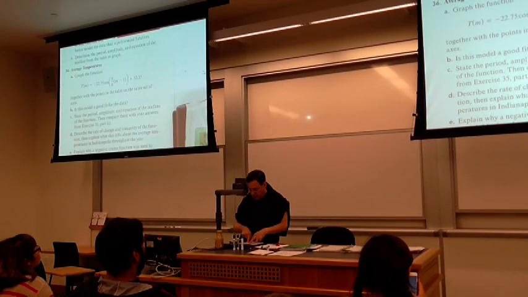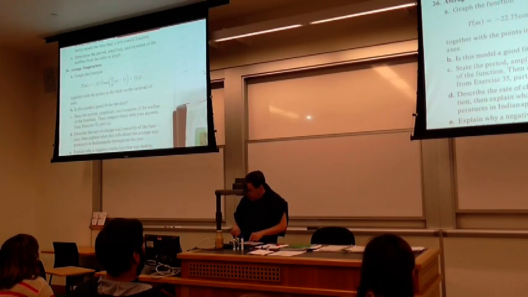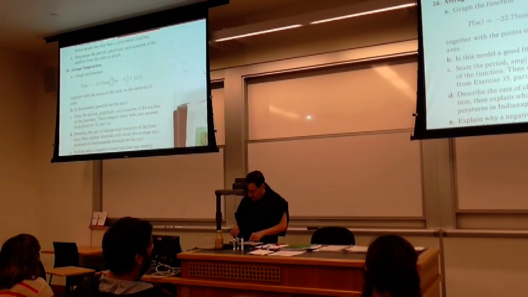But in exercise 37, it says using the function given in 36. So that's where I'm getting the function in 36 from. So that's the function t. This is the function t, right? So plus 52.55. Okay, so that's the first one.